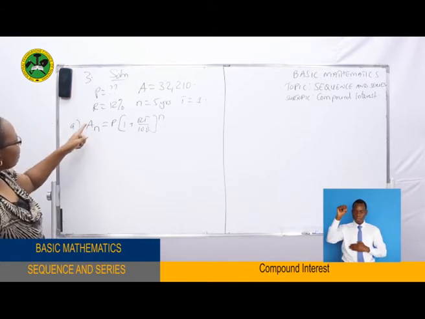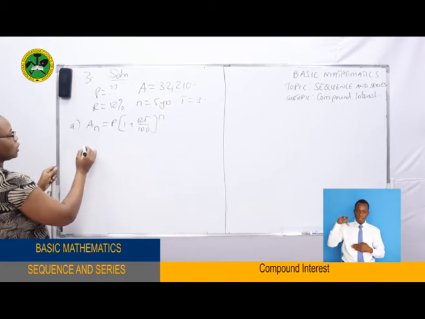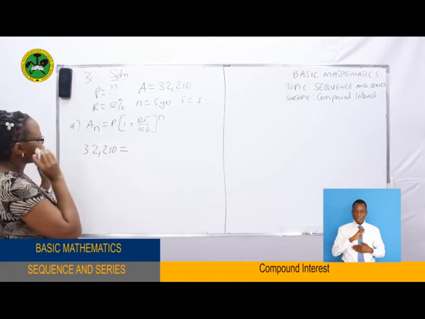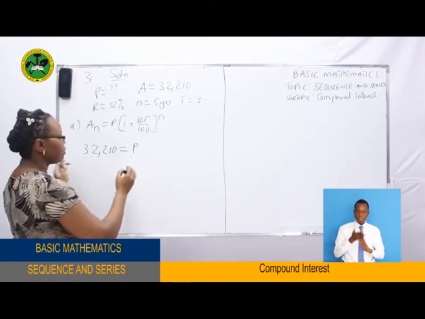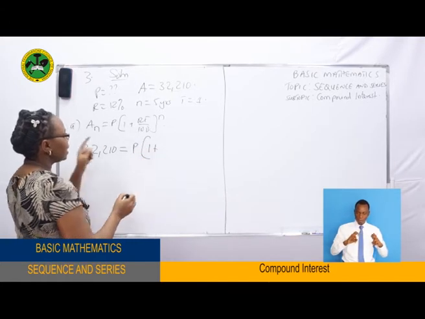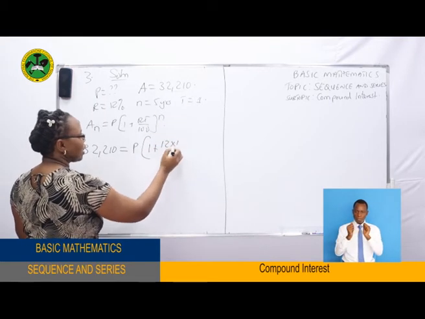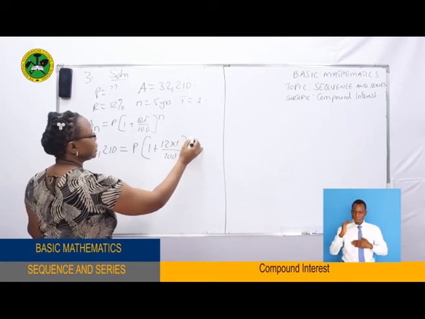Our amount at any year, which is this one, equals 32,210. This equals the principal, which is what we are supposed to find, times 1 plus the rate, which is 12, times T, which is 1, over 100, then power n, which is 5.